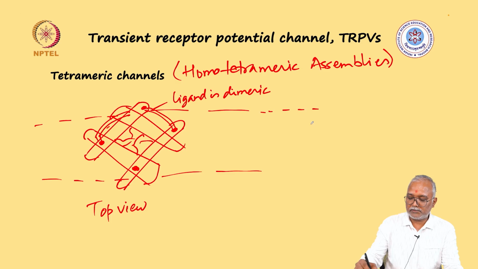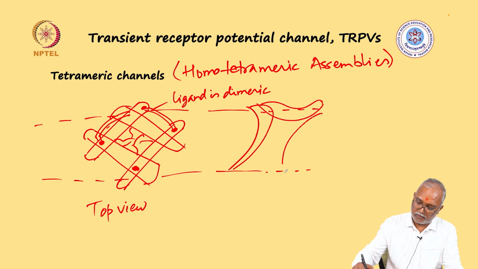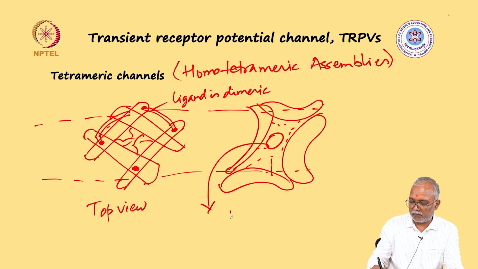So what will happen in these cases? These channels will be opening up, a new conformation you can think of, will come up because of the ligand binding. Even if those projections were there, they are moved aside because of the ligand binding, and this channel area which is generated in between will allow the movement of ions.